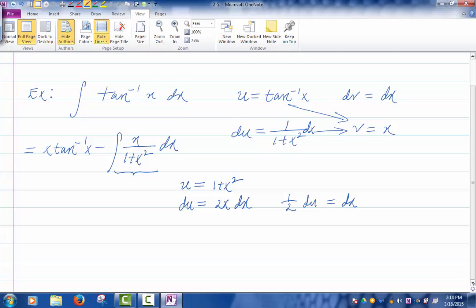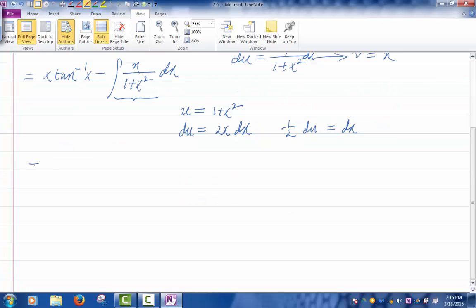And so the second integral that I have there would be x tangent inverse x minus x dx together will become du, and then 1 over 1 plus x squared will become 1 over u, and x dx would be half du.